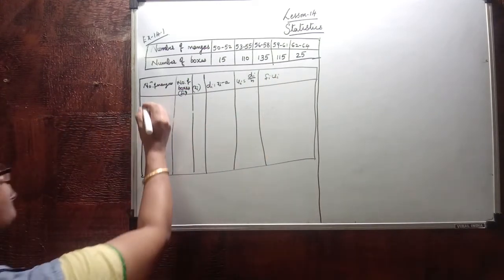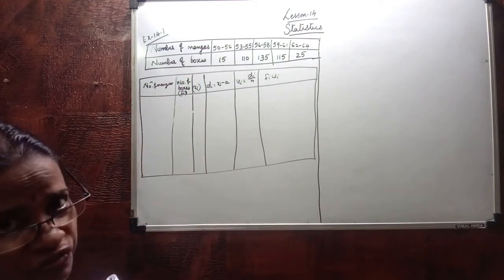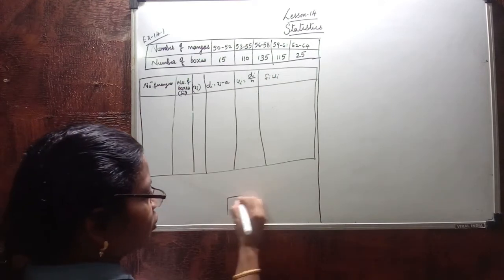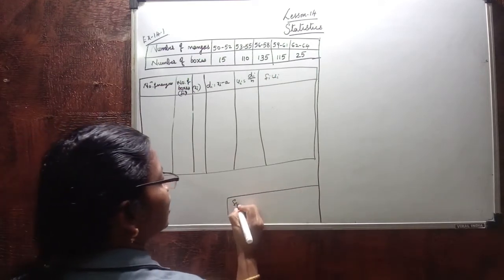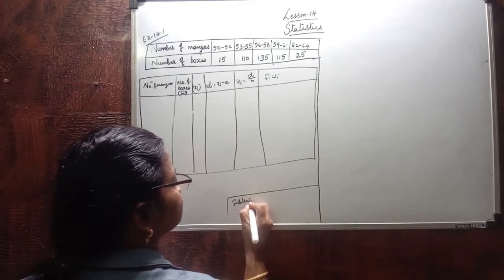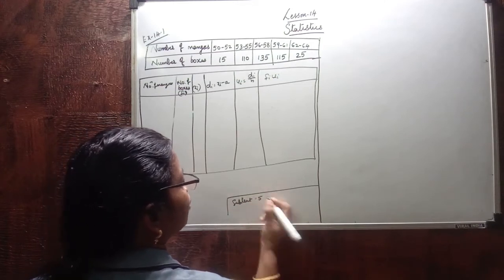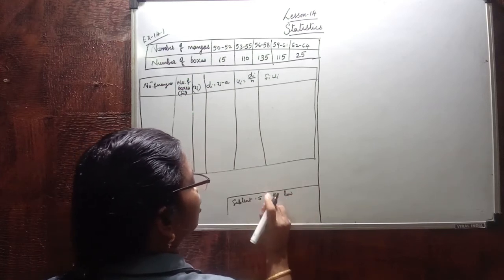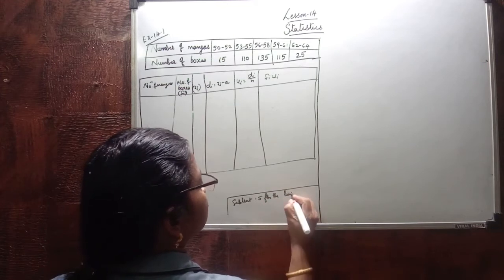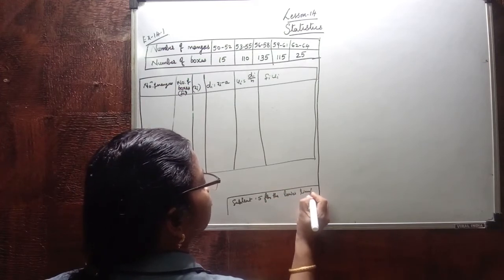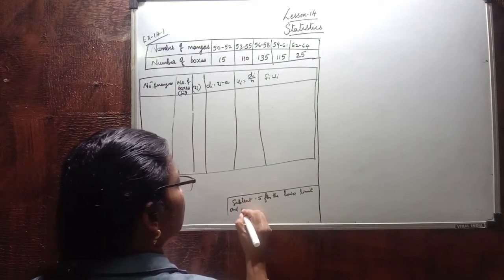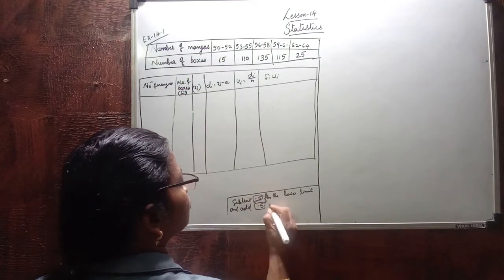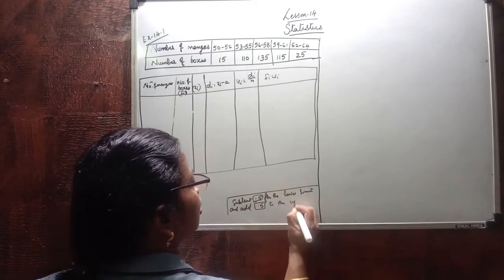Now look here, this number of mangoes is 50 to 52. So make it continuous. What should you do? If you do, you have to subtract 0.5 from the lower limit and add 0.5 to the upper limit.